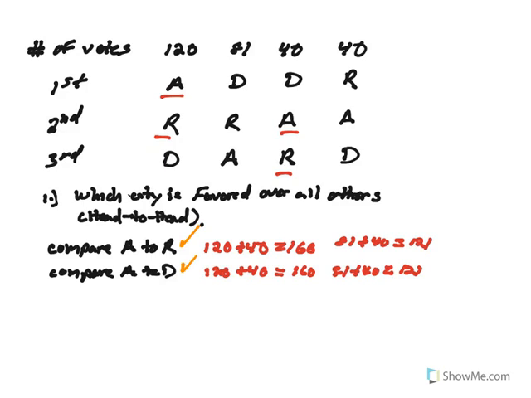Since city A is over R and D, based on those two orange check marks, city A is favored over all the other cities.